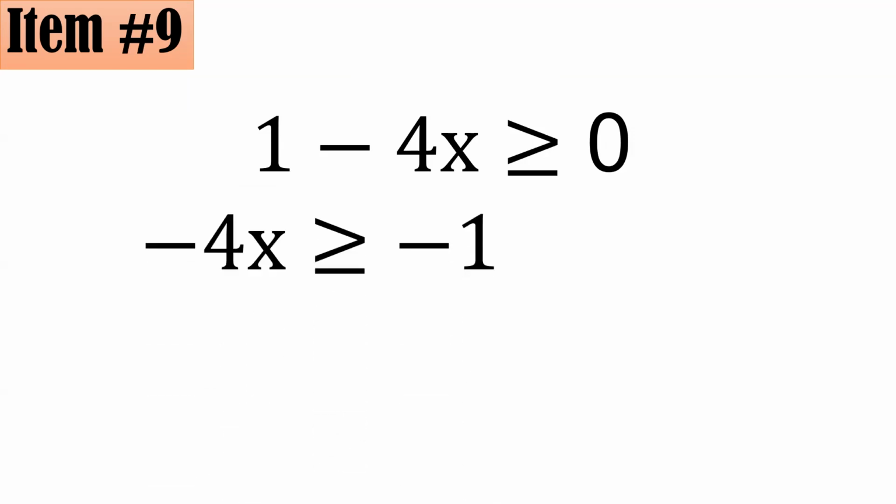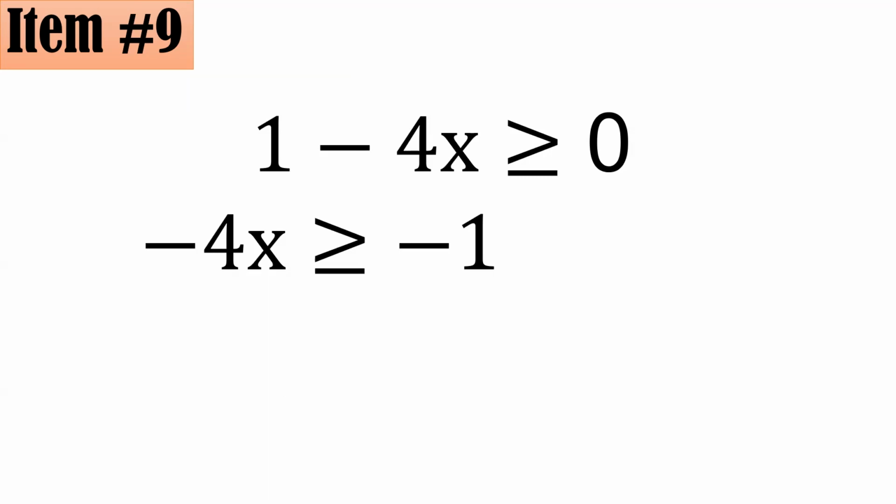Subtracting both sides by 1, it will give us negative 4x is greater than or equal to negative 1. We have to divide both sides by negative 4. But tandaan po natin, if we are dividing by a negative number, if we have inequalities, nag-iiba po yung sign. Nagpapalit po ang sign. Ang sign na iiwan ka na niya. Char lang, hindi. Yung sign is, kung greater than, magiging less than.